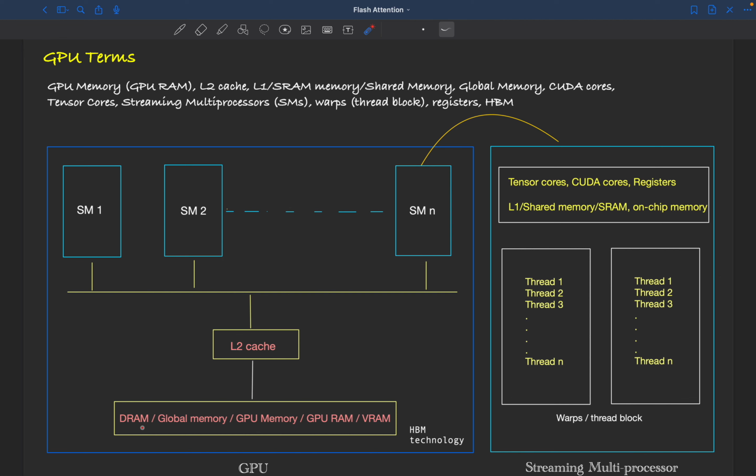Sometimes it's called DRAM or global memory, VRAM as well, that is video RAM, and GPU RAM. But all are talking about one aspect of the GPU, that is how much memory your GPU has. And after the GPU memory, the data goes into the L2 cache, just like we have seen in the CPU part as well.